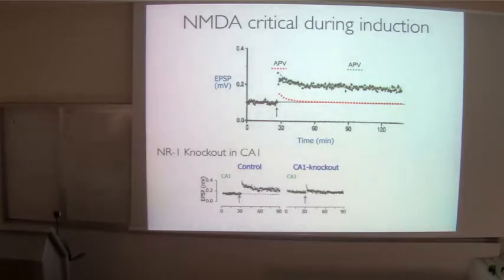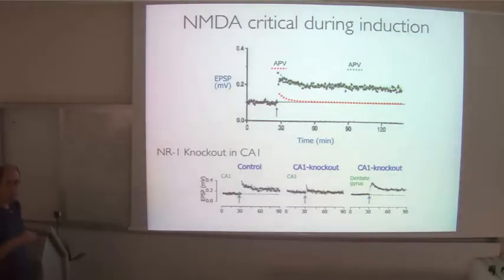If you knock out one of the subunits of the NMDA receptor, then you don't get LTP. Interestingly, if you knock out the NMDA receptors only in CA1 pyramidal neurons, you still get LTP in the dentate gyrus. So in those synapses you have NMDA and can get LTP, but you don't get it in CA1.